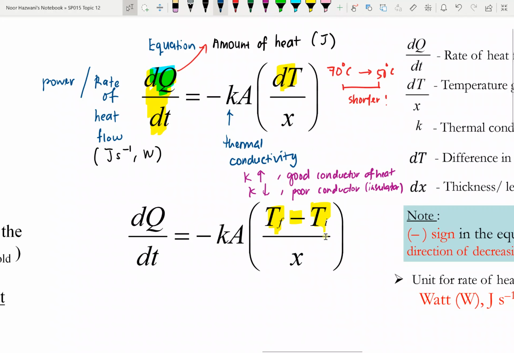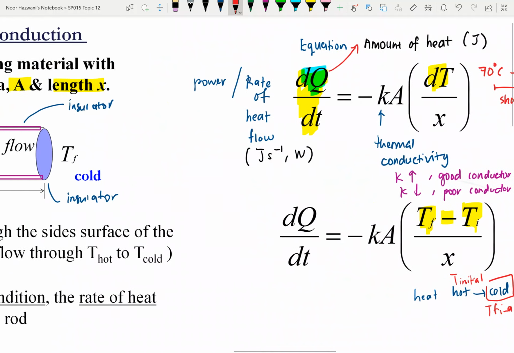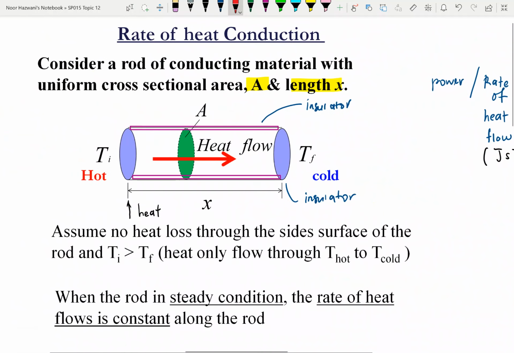So T final you, tadi kan kita cakap heat mesti bergerak daripada hot to cold. So, final cold biasanya akan jadi you punya final point, akan jadi T final. Dan hot you akan jadi T initial. Okay, contohnya kalau kita tengok ni balik, ini adalah T initial you.